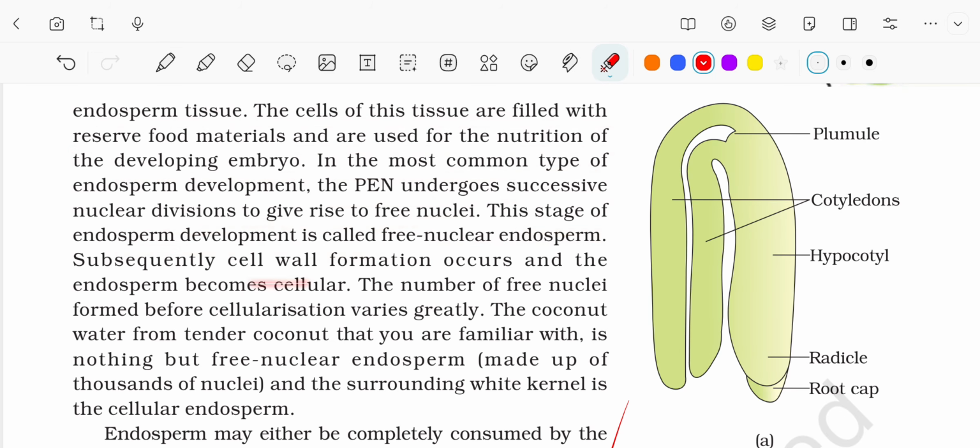Subsequently, cell wall formation occurs and the endosperm becomes cellular. The number of free nuclei formed prior to cellularization varies greatly. The coconut water from tender coconut that you are familiar with is nothing but free nuclear endosperm made up of thousands of nuclei, and the surrounding white kernel is the cellular endosperm.